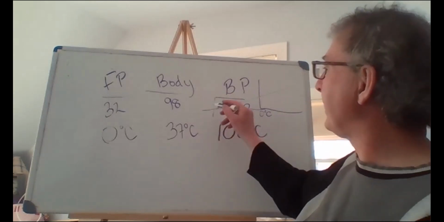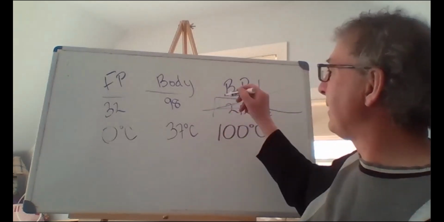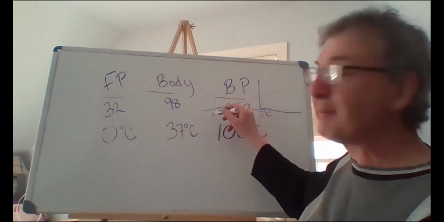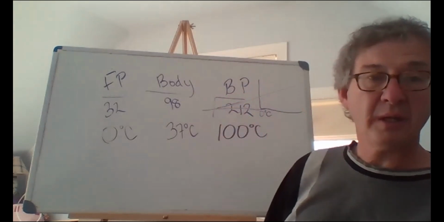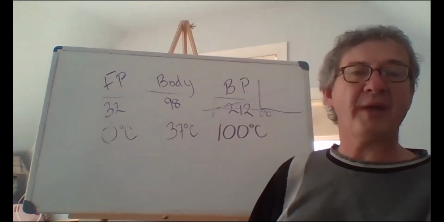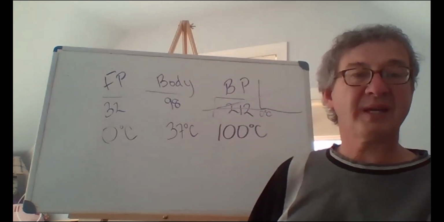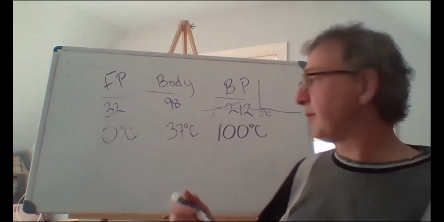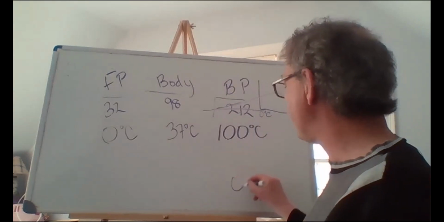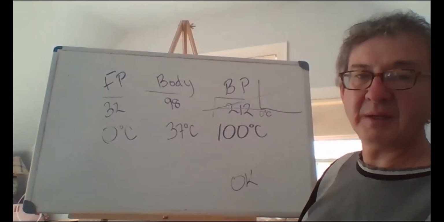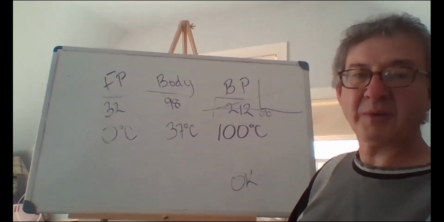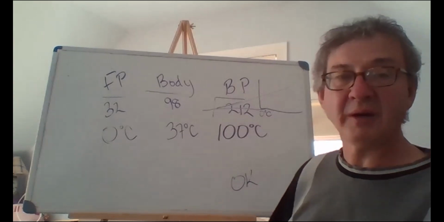And at this point, which became known as absolute 0, he said, let's call that 0. So Kelvin picked out a number that he called 0K. You'll notice it doesn't have a degree sign. It's OK. 0K. That's absolute 0.